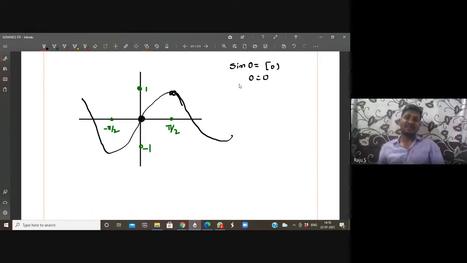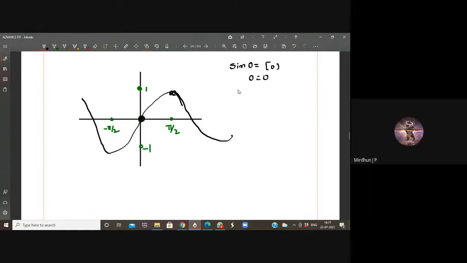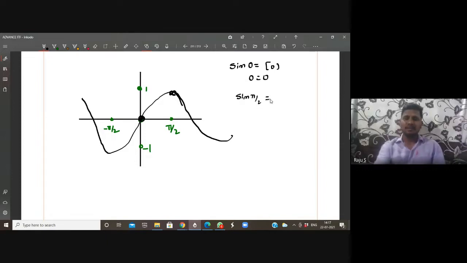Is there any other solution? Sir, sin 90 is 1, and 1 is the greatest integer of 1. Here my question is, what is the greatest integer of 90? Sin 90 is 1, and the greatest integer of pi by 2 is 1. What is pi by 2?